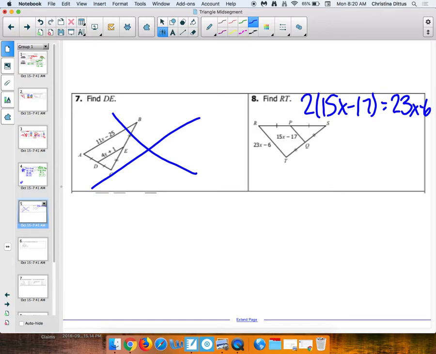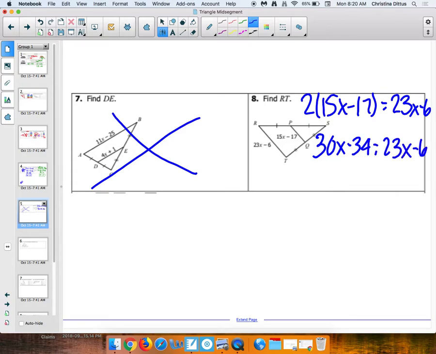That is the large x. Distribute. What do I get on the left hand side? 30x minus 34. Good.